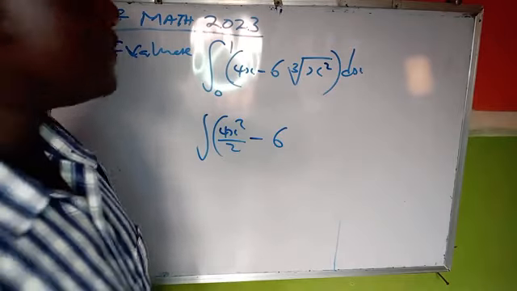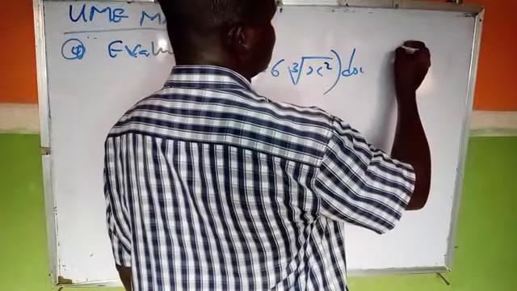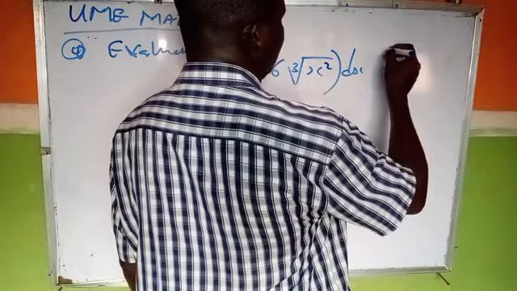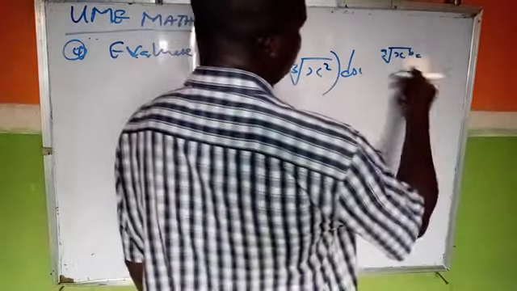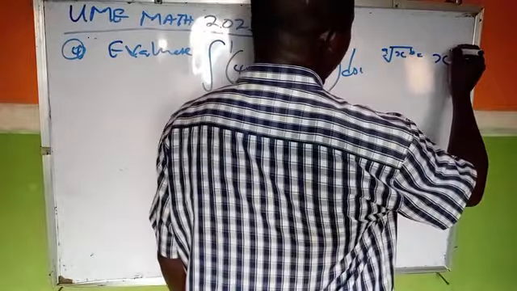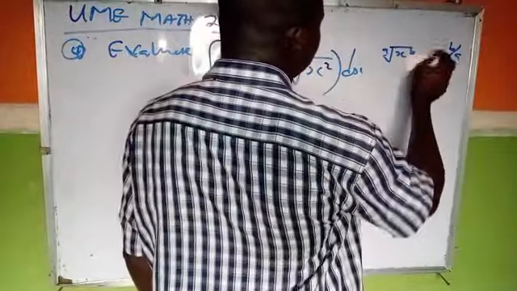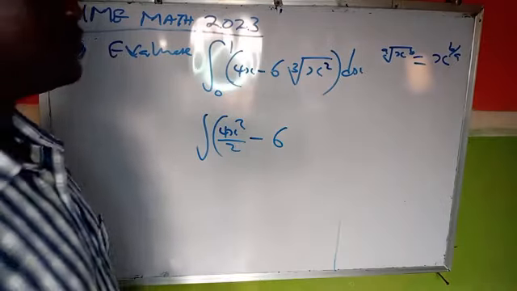In law of indices, you first of all convert this using the law of indices. That is, if you have something like ax raised to power b, what you simply do is that this one can be a, this, you have b over a. So this one is similar to this. So that's what we are going to do.